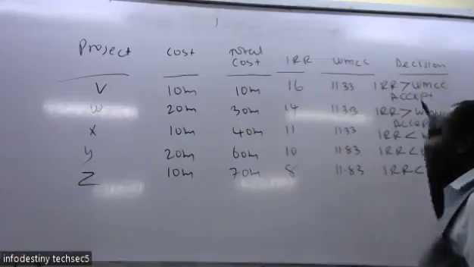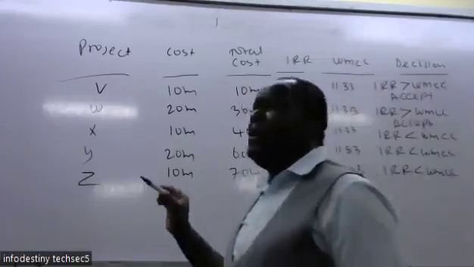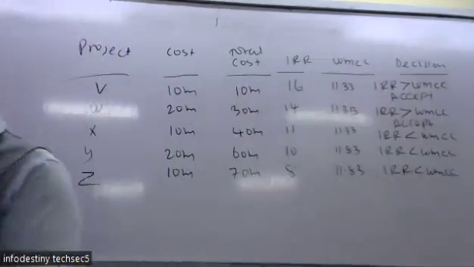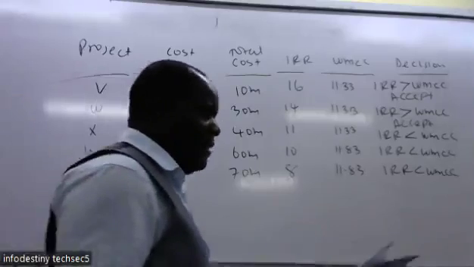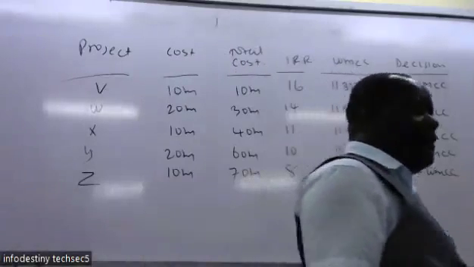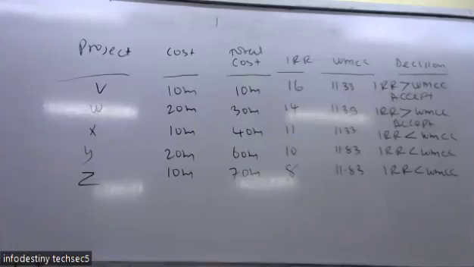So we have rejected projects X, Y, and Z. So in your recommendation, we have accepted B and W, and rejected X, Y, and Z. So that will be your Roman numeral 3.